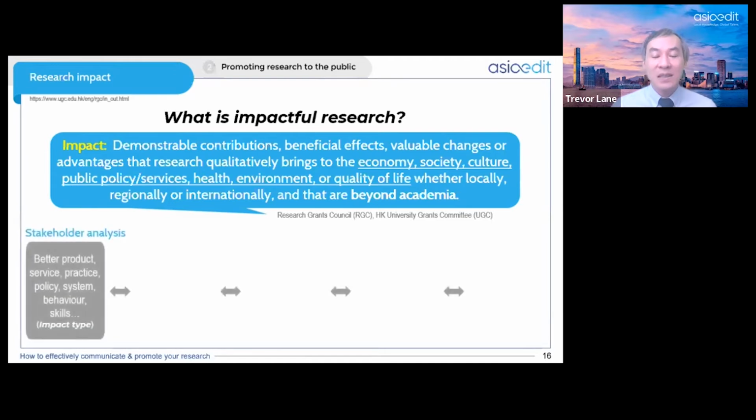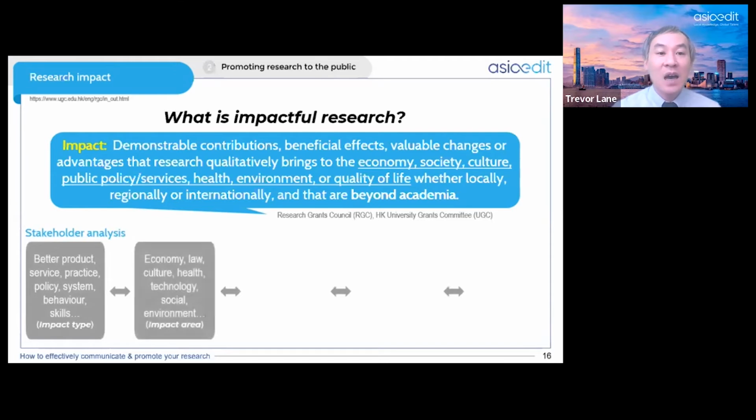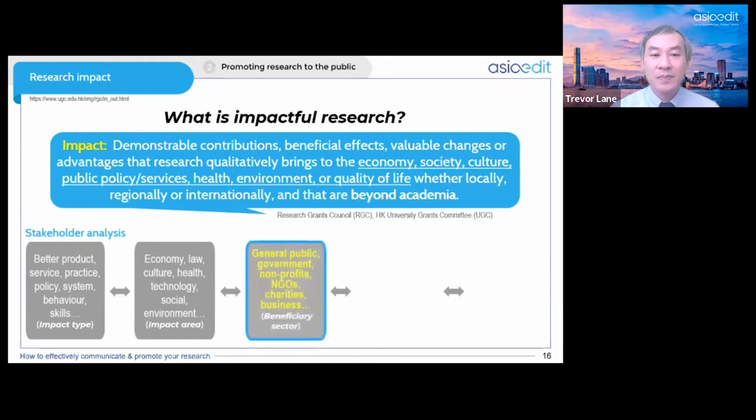So stakeholder analysis means you have to look at what your advantages and benefits are of your work. Is it going to help people have better products, better practice, better policies? What sector is it? Is it the economy, the law, culture, social or environment, parts of the world?